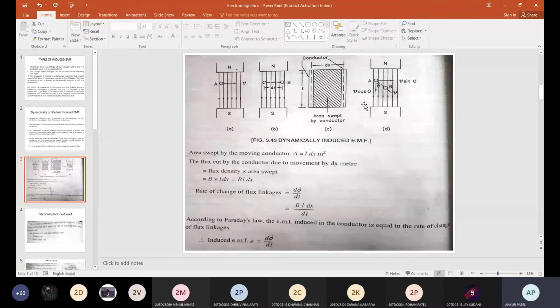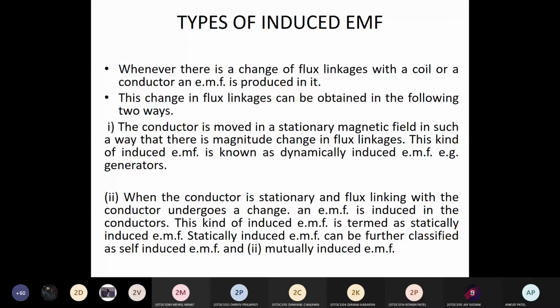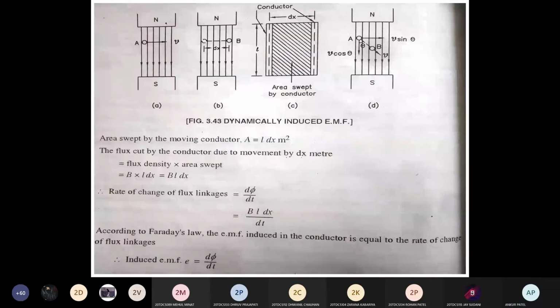Here the area swept by the moving conductor is A equal to L into dx meter square. The flux cut by the conductor due to movement of this dx meter is equal to flux density into area swept, so it is equal to B into L dx.